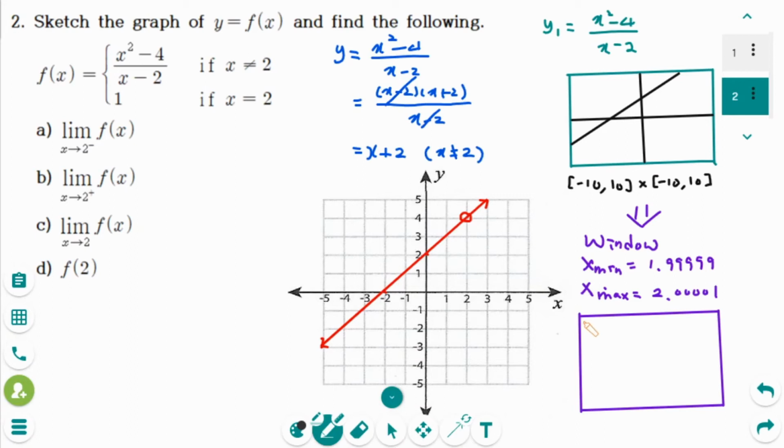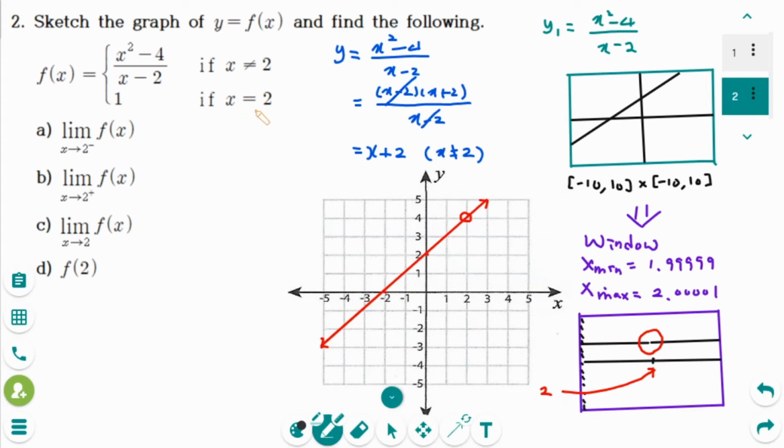You will see the graph like this, and on the x-axis, this is 2, and then the graph is like this. This x value is 2, so the graph is not continuous at x = 2. Go back to the original.